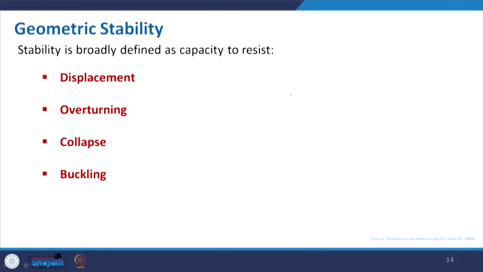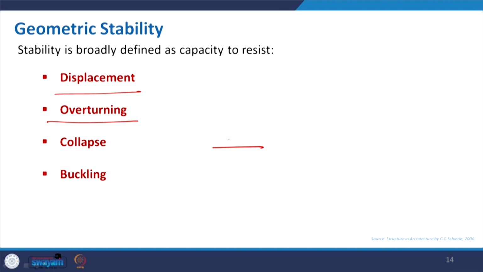Now, geometric stability is broadly classified by what it helps resist. If I say that this is very stable, that means it will resist displacement, it will not move here and there, and overturning of the structure, that it will not overturn. How can it be? Again I am taking this example.